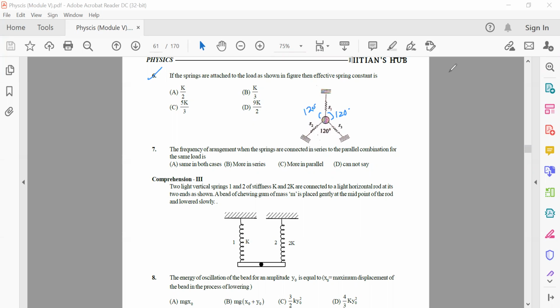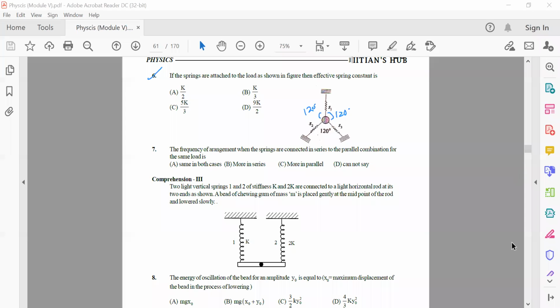The value of the spring constant is also not given now. Actually the value of the spring constant should be given somewhere. So we'll just assume all three are the same k. Since nothing is given, sir, just assume is all. It's a passage question.